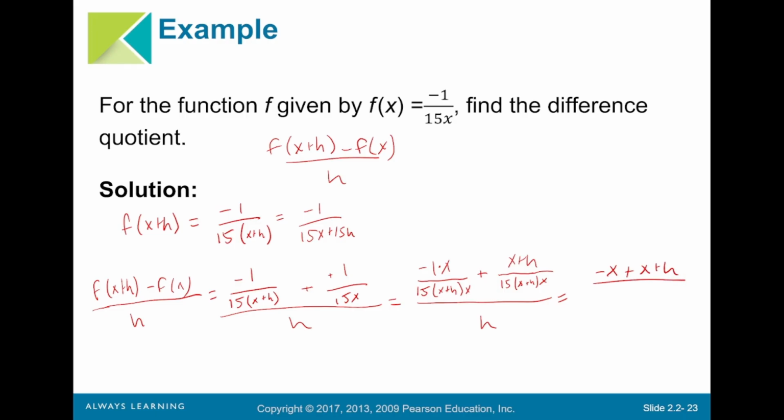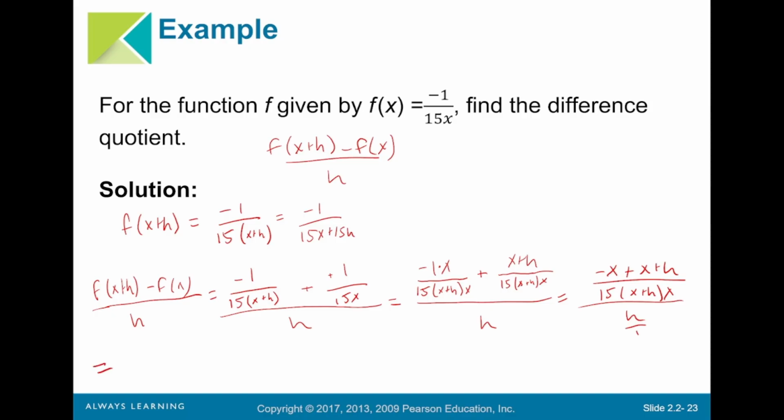I can add my numerators, divided by 15 times x plus h times x, all over h still. So now I have a fraction over a number, we'll say, right? So now we got to multiply by the reciprocal. And remember that this h is h over 1.